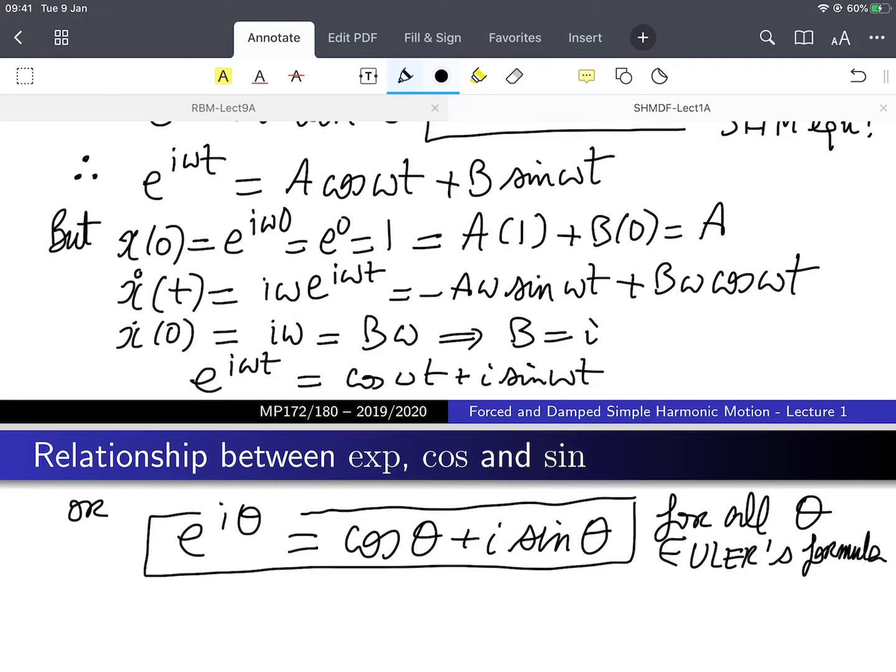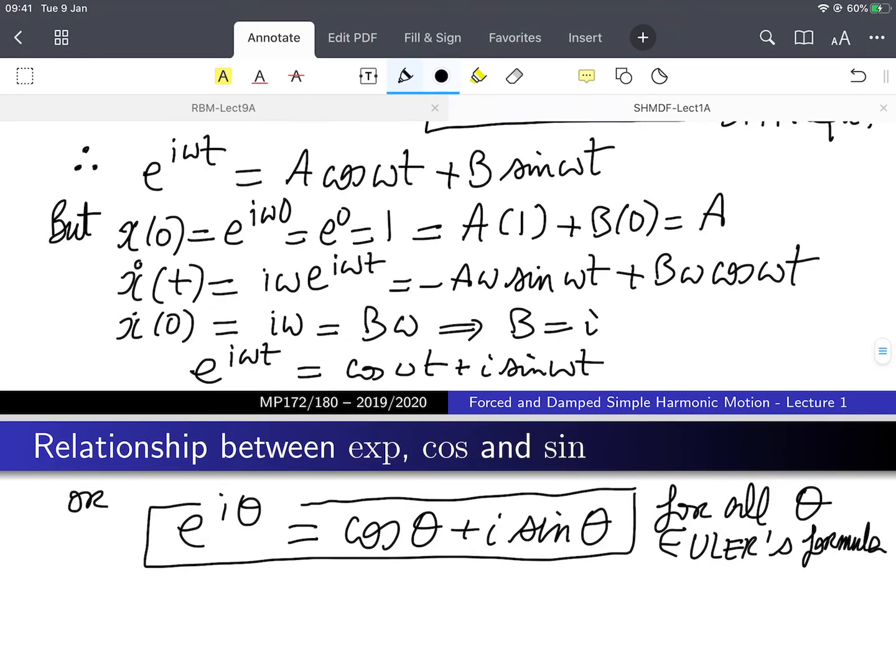Nice. What if I put minus theta instead of theta? What if I say theta equals minus x if you want? I'm going to have cos minus theta, but cos is even, so it stays like this. And then I have plus I sine of minus theta. Sine of minus theta is minus sine of theta.